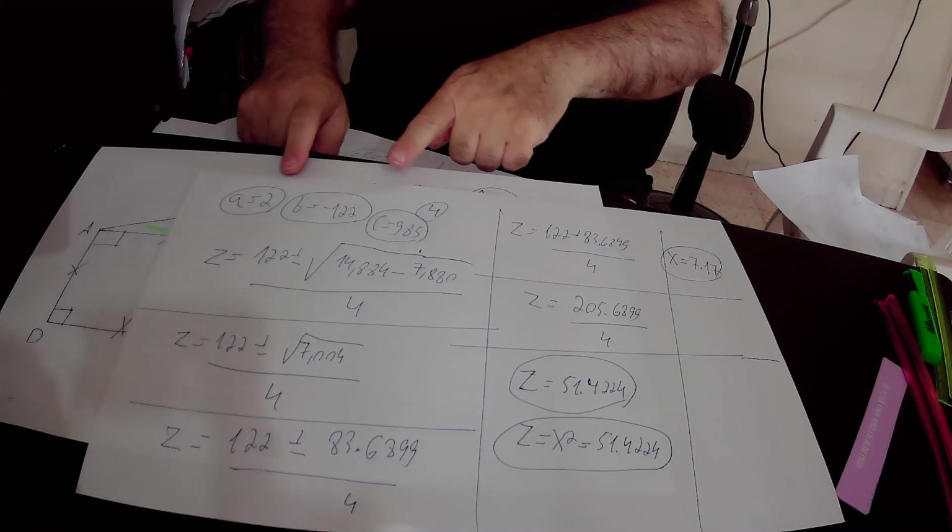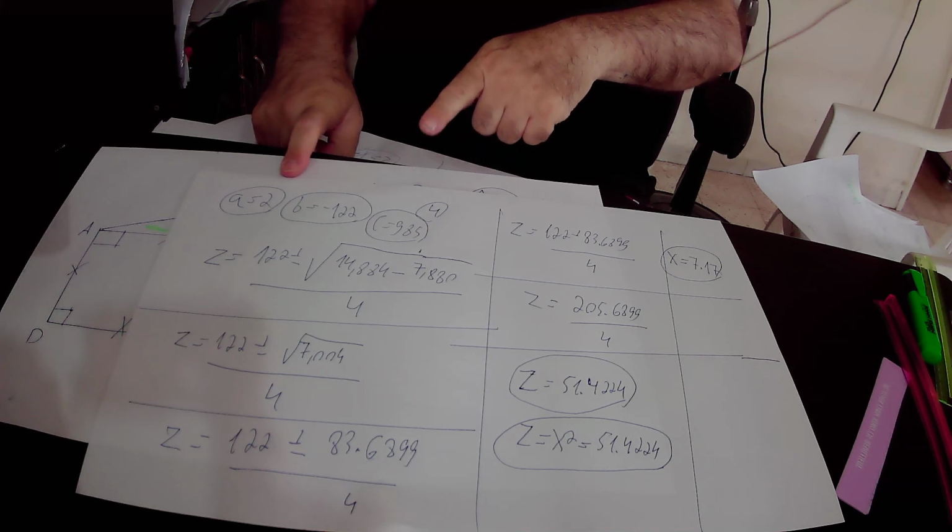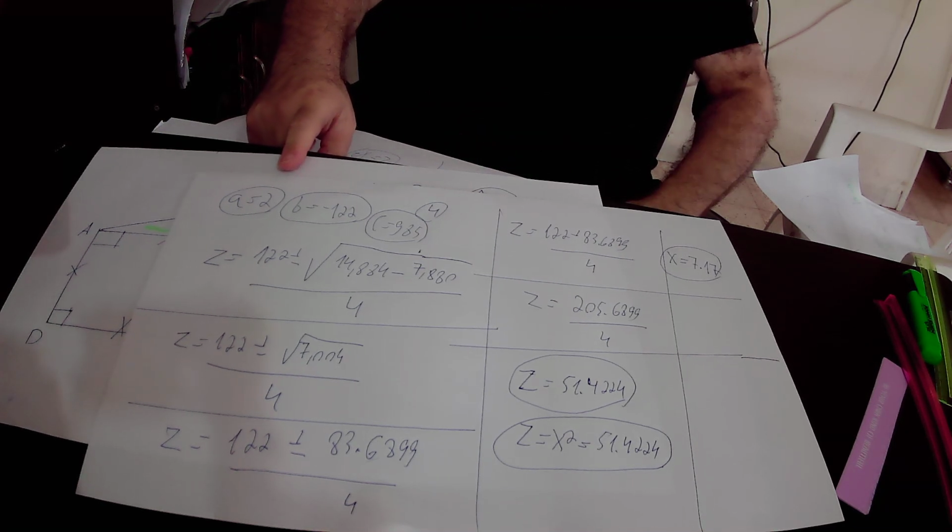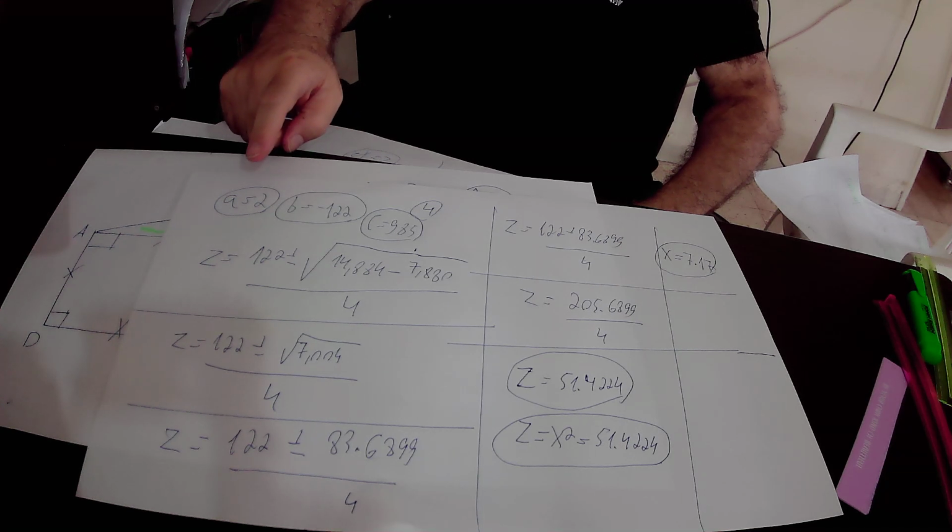So those are the coefficients of our specific quadratic equation. The variable that we are looking for is z.